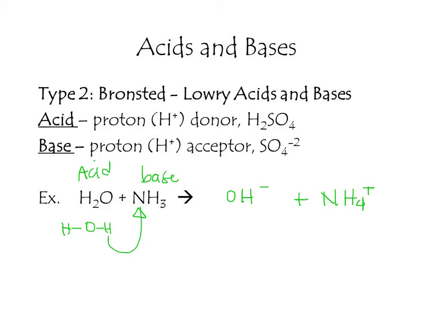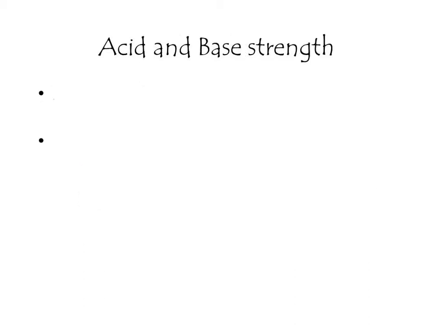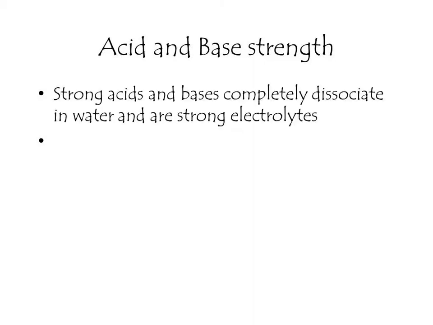So let's go ahead and define which ones are our strong acids. So, acid and base strength. How do we determine this? Well, strong acids and bases completely dissociate in water and are strong electrolytes. That means that when I put hydrochloric acid in water, the hydrogen and the chlorine completely dissociate.